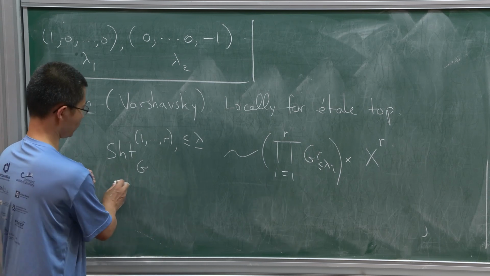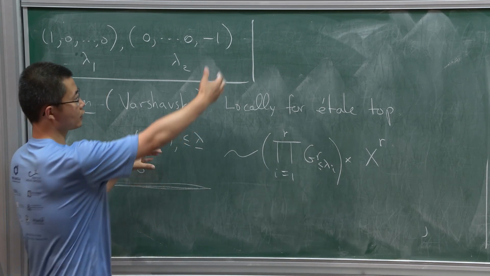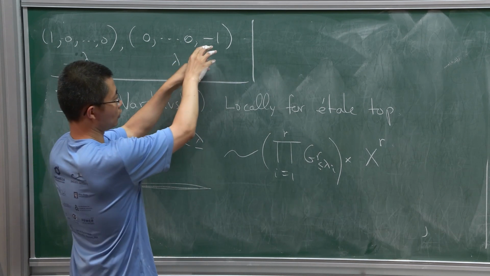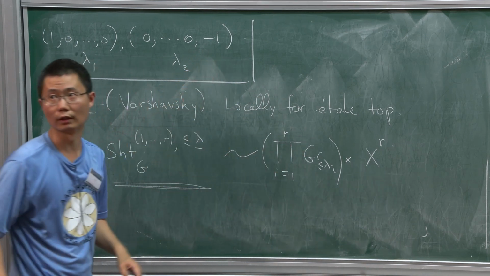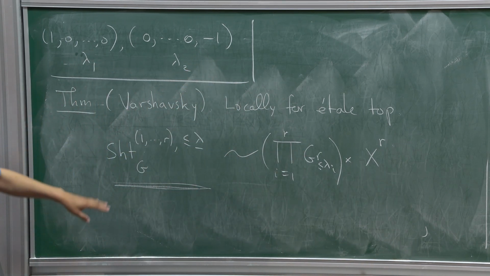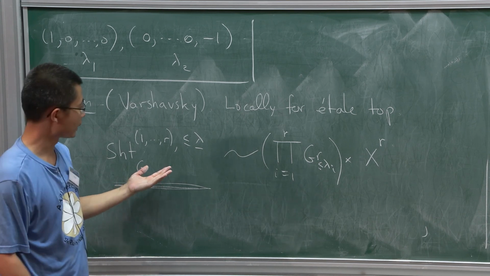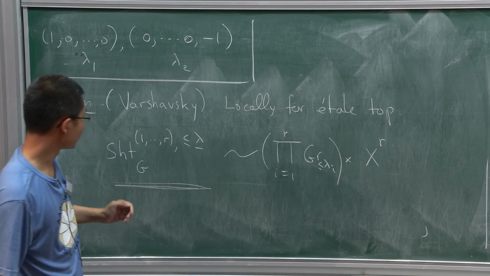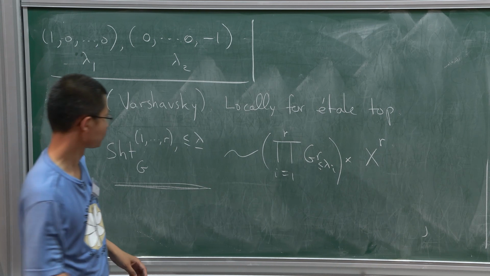So if you're standing at a point here, you can find some étale cover that also has an étale map to the other side. So this is saying not just that they have the same dimension, but they have the same singularities.